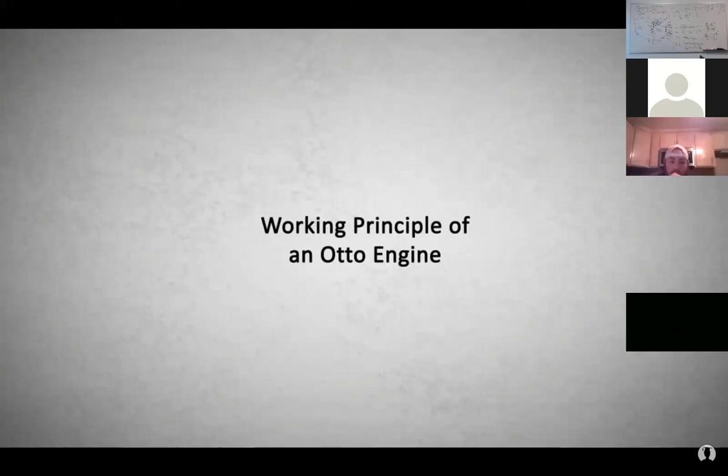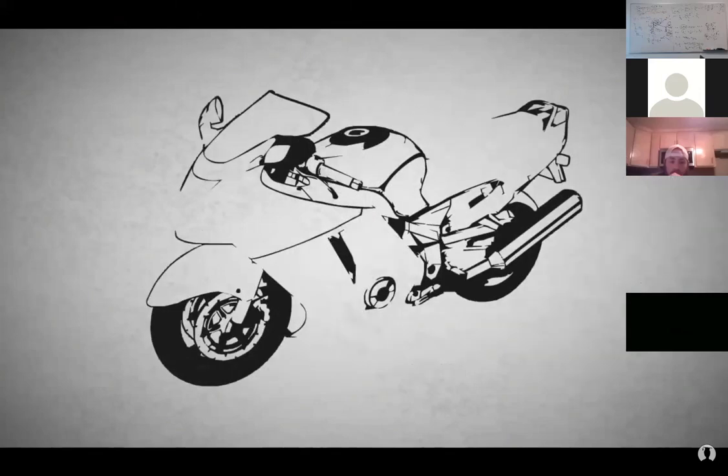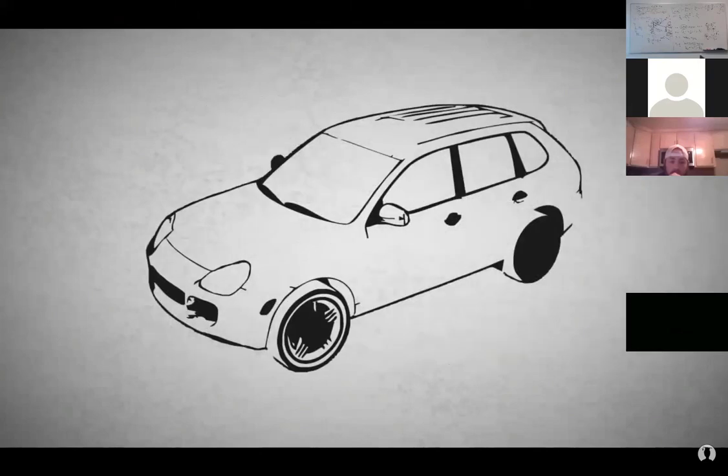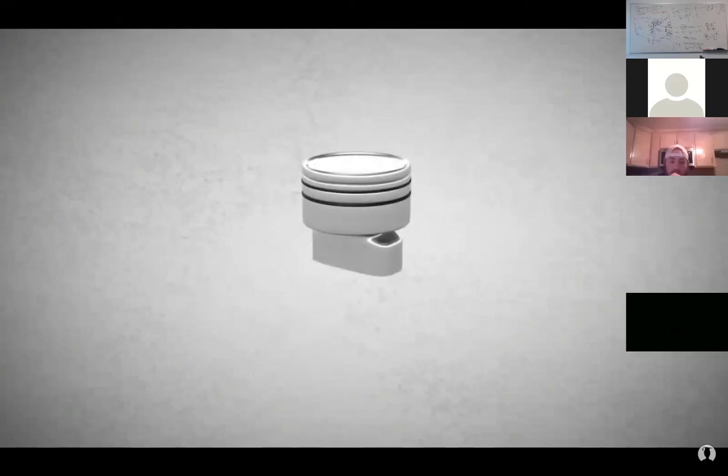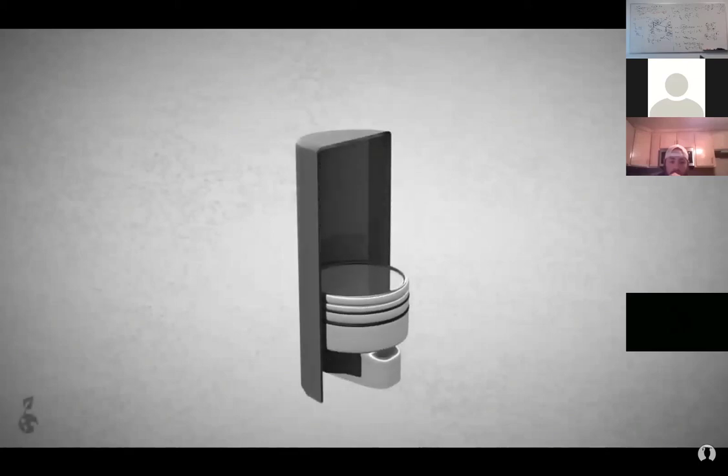Otto engine is a combustion engine and is considered to be a technological milestone of human thought. It was named after its inventor, Nicholas August Otto. Otto engines are used in motorcycles, cars, and other vehicles. This animation explains the Otto engine as a four-stroke engine. This engine is composed of a piston that moves up and down in a cylinder.